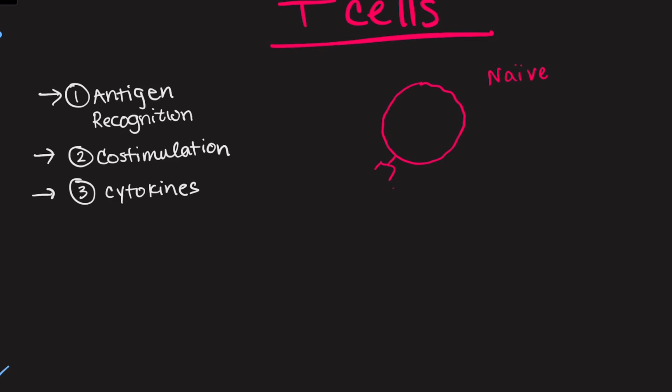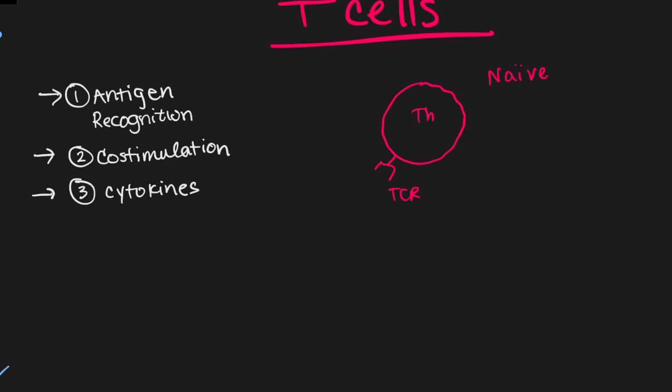Naive meaning that it has the TCR, it can recognize an antigen in the context of an MHC class 2, but it isn't specific. It's just a T helper cell. It hasn't gone into a specific type of T helper cell yet, so it's just generally out there waiting to be activated so it can be more specific to the immune response.